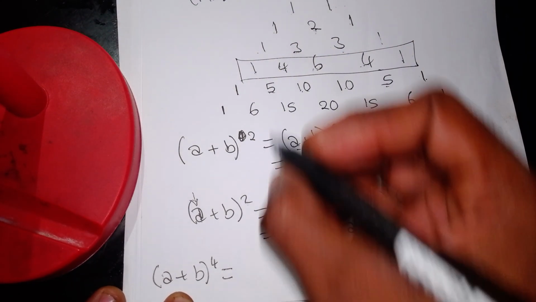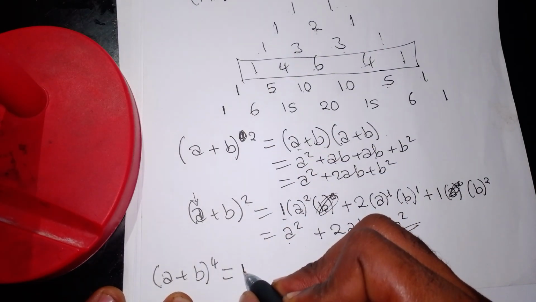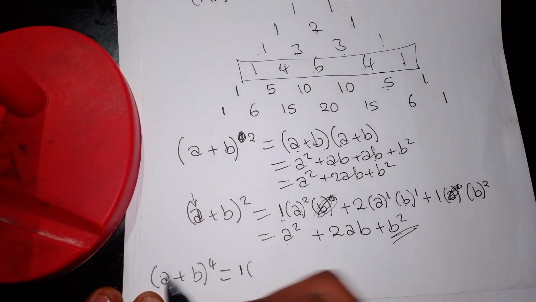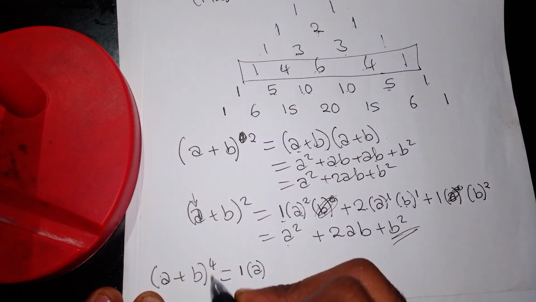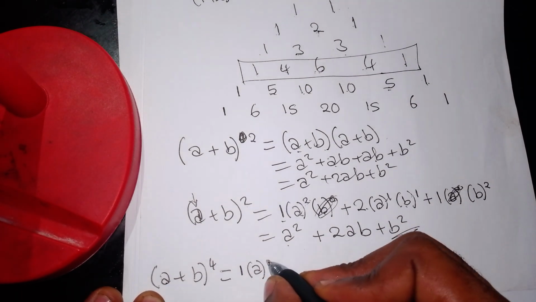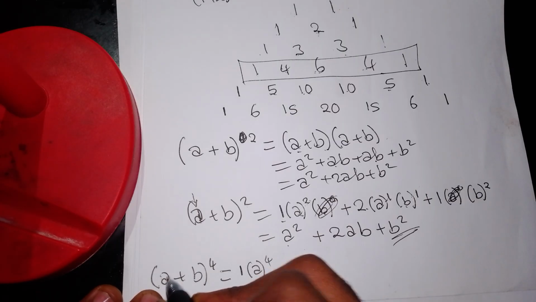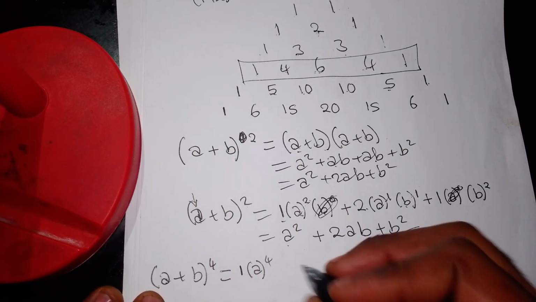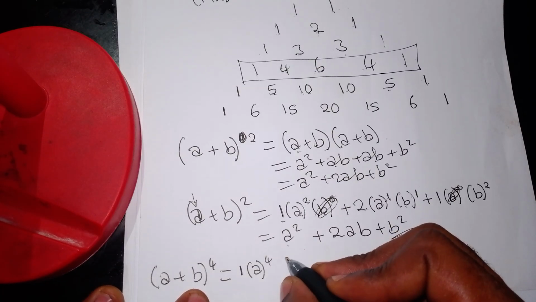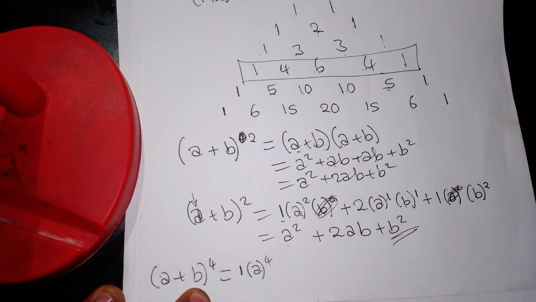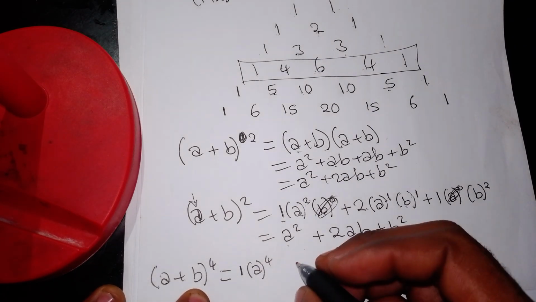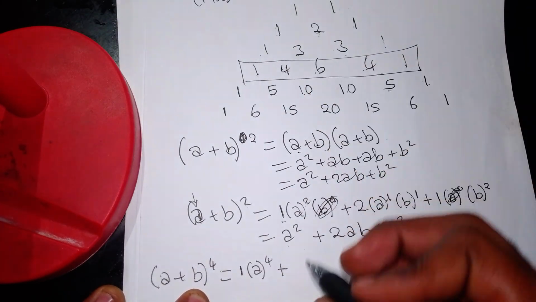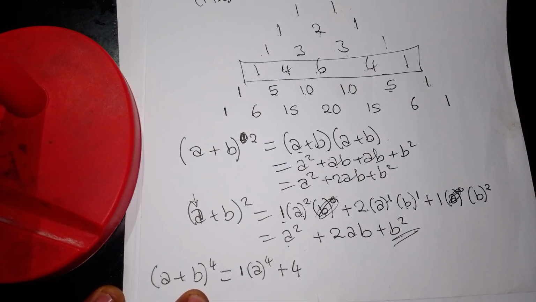So your first coefficient will be a 1, and then your first variable or your first term will be a raised to the highest power. Remember, this one starts with the highest power and then it reduces along the way. So that means we have a b to the power 0 here. But remember, b to the power 0 is just 1, so you can just ignore it. And then the second coefficient is a 4, so you can say 4.